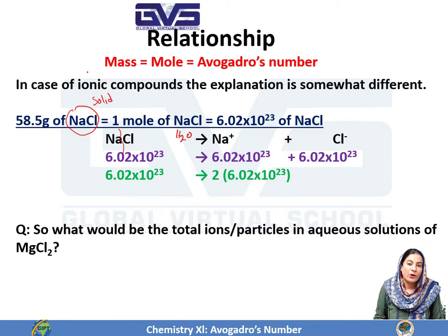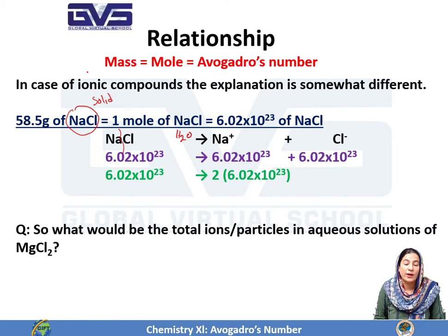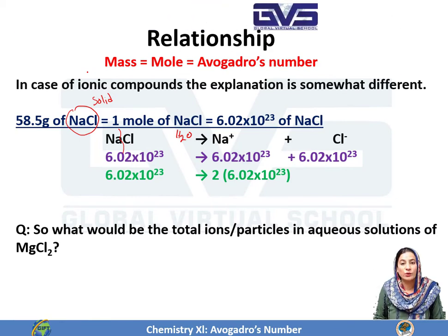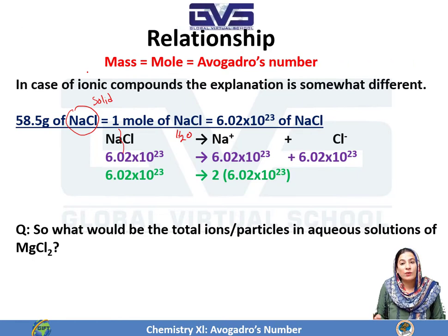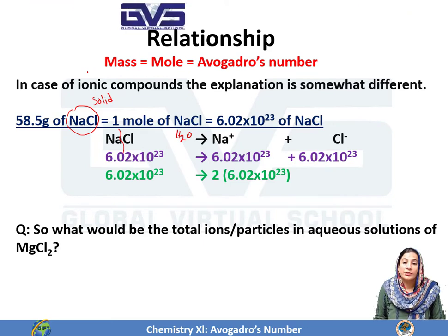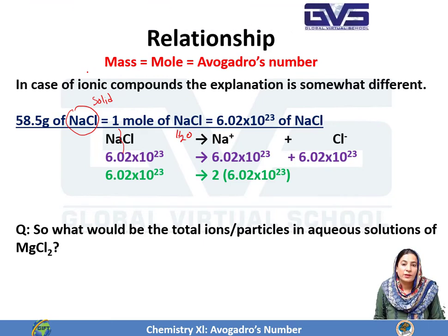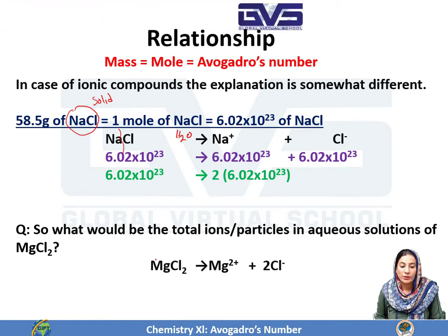Similarly, if the ionic compound is different, for example magnesium chloride, when magnesium chloride is dissolved in water, it splits into magnesium ion with plus 2 charge and 2 chloride ions with negative 1 charge. So how many number of particles will there be? Of course it will be 3 times. I have given you this example equation.